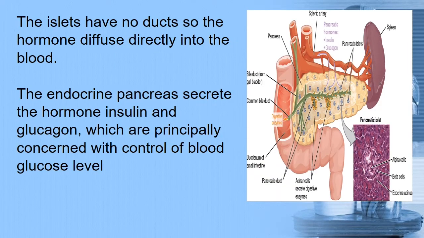The islets have no duct, so the hormones diffuse directly into the blood. So we can say it is a ductless gland and the hormones go directly into the blood. The endocrine pancreas secretes the hormones insulin and glucagon, which are principally concerned with the control of the blood glucose level, as you know.